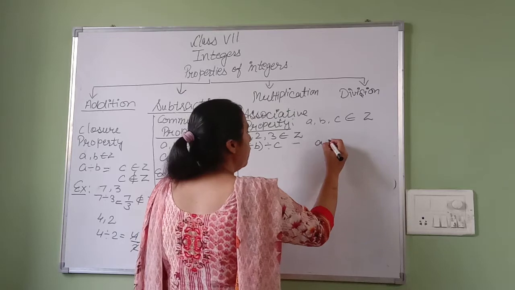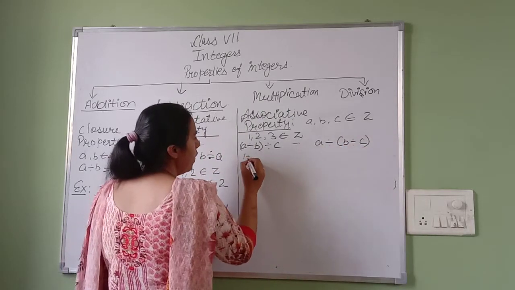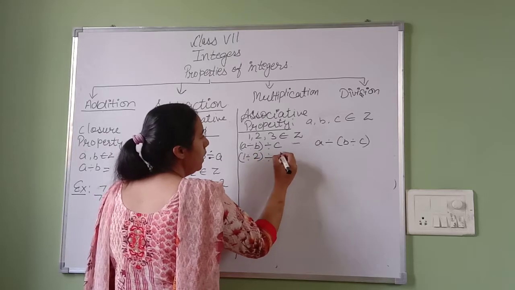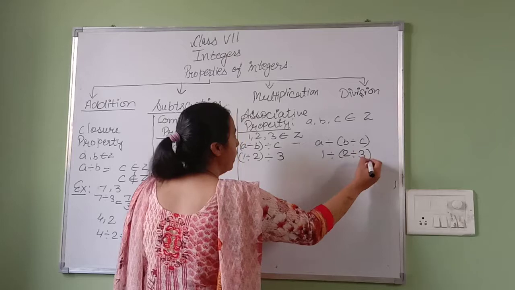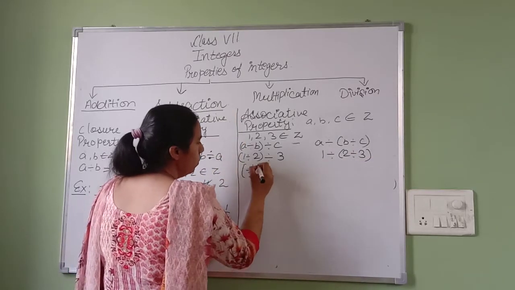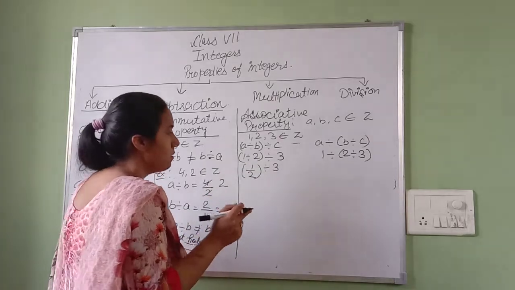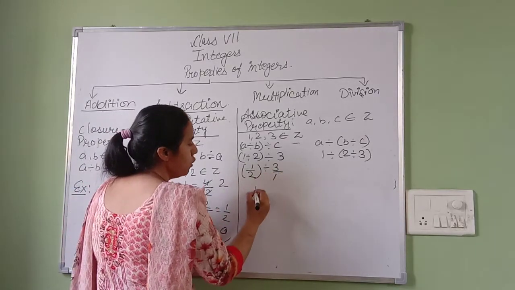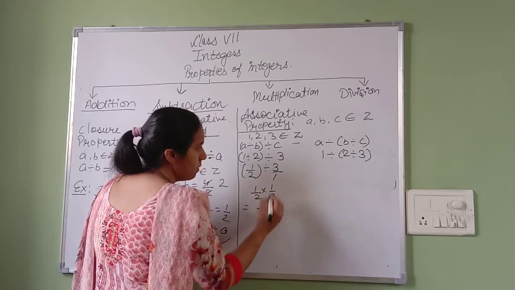A divided by b divided by c. 1 divided by 2 divided by 3. 1 by 2 divided by 3. Already we have done this in the earlier classes. When it is changed into the multiplication sign, it becomes the reciprocal. 1 by 6.